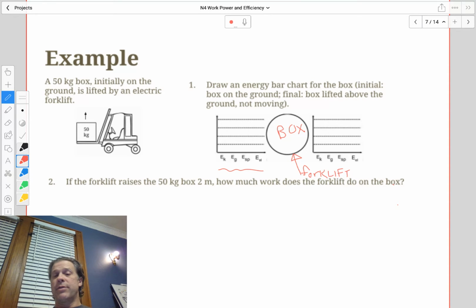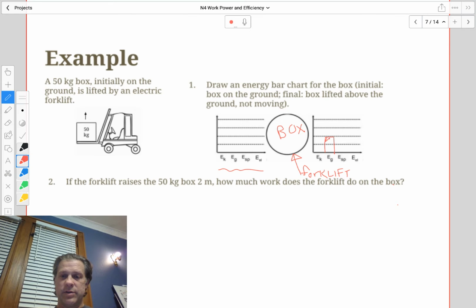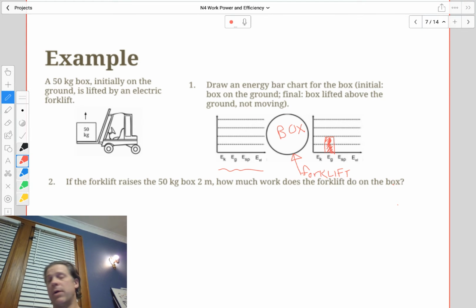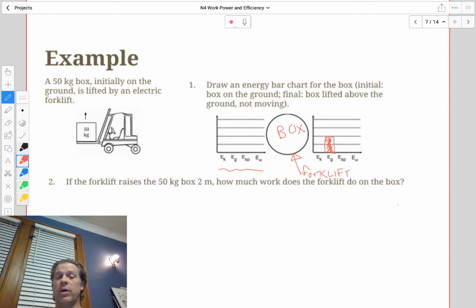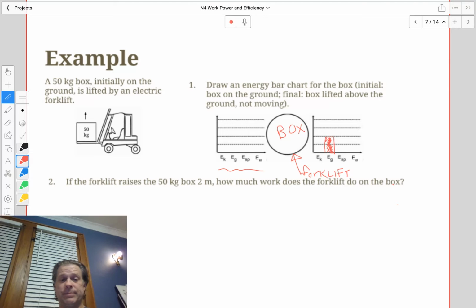And now the other thing that we have to keep track of is where the energy went. The energy was then spent in this particular case in terms of gravity. So when we draw this bar chart, we're not going to worry about the electrical, even though the forklift is electric, because the forklift isn't part of the system. So that's what our energy bar chart should look like.